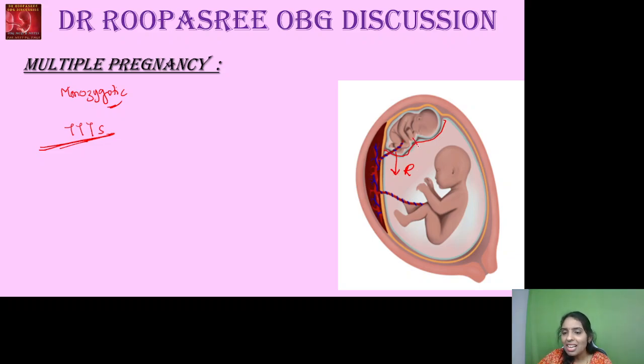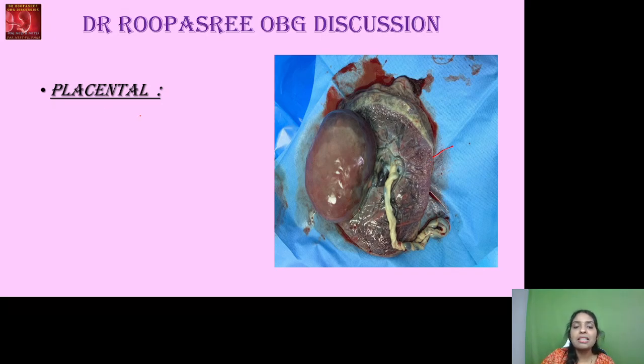Excess fluid gets accumulated in this sac. So this is the condition of oligohydramnios and this is the condition of polyhydramnios. Excess fluid is accumulated in the recipient twin's sac, leading to polyhydramnios.